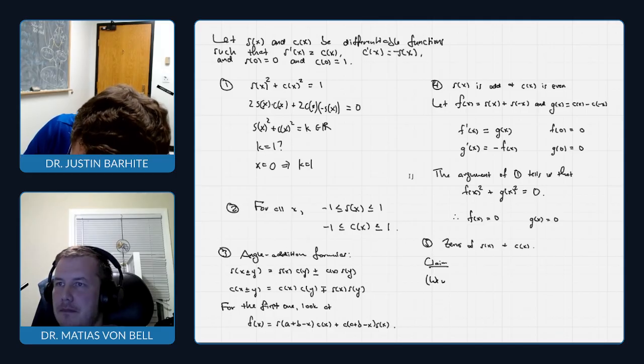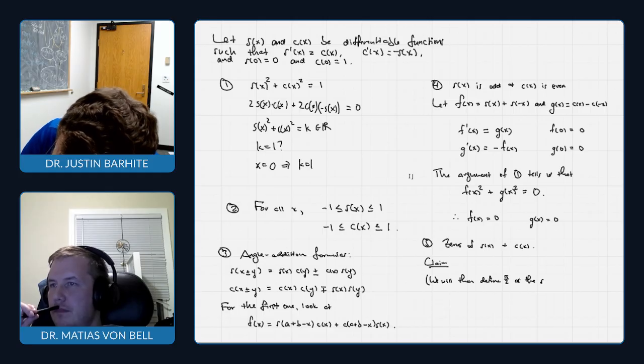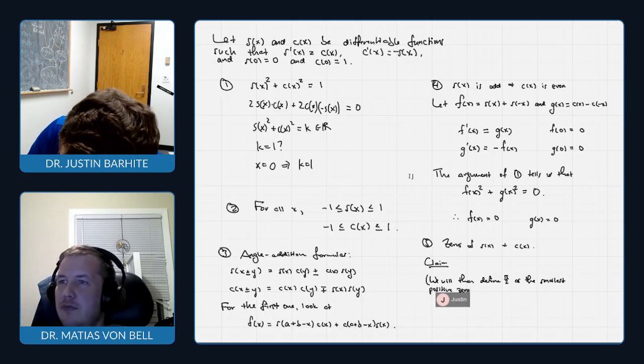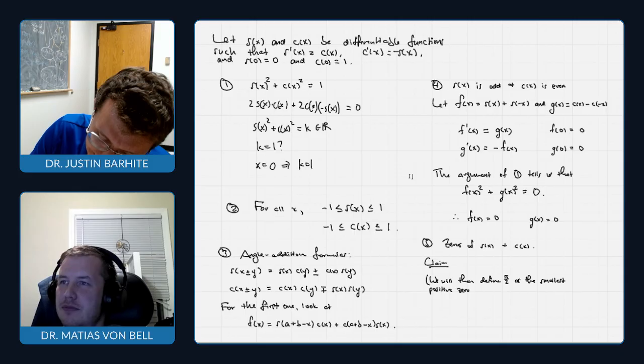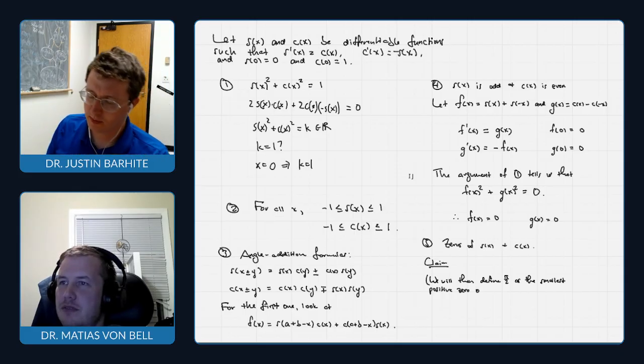My question is, what do I need to prove in order to make this definition, which is that pi over 2 is the smallest positive zero of c of x? Well, we first need to prove that it is a zero, and then that it's the smallest one.